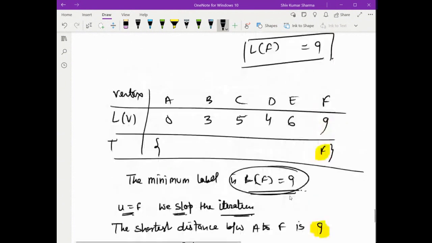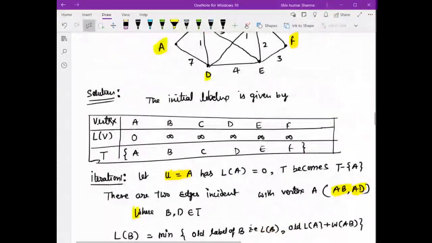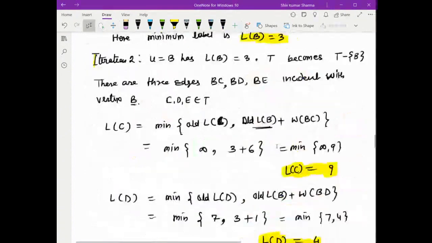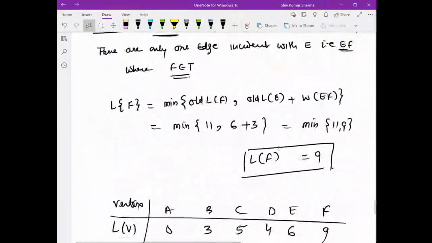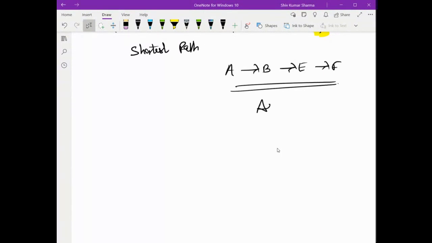With the shortest path having distance 9, you can check from the graph: A, B, E, F, 3, 3, 3, 9. So the shortest path, which has distance 9, is A to B, B to E, and E to F. So this is the shortest path.